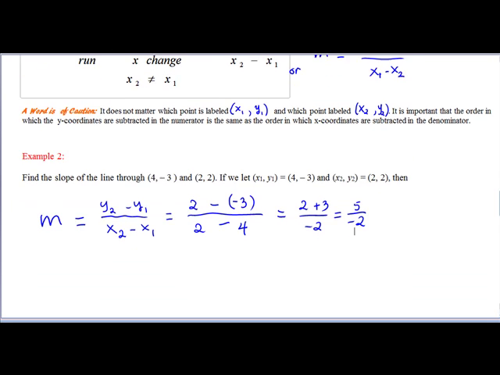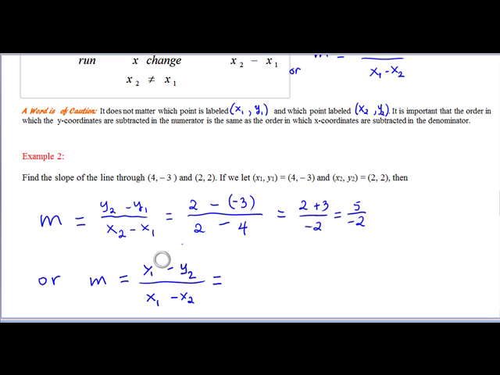Now let's use the other one: y1 minus y2 over x1 minus x2.